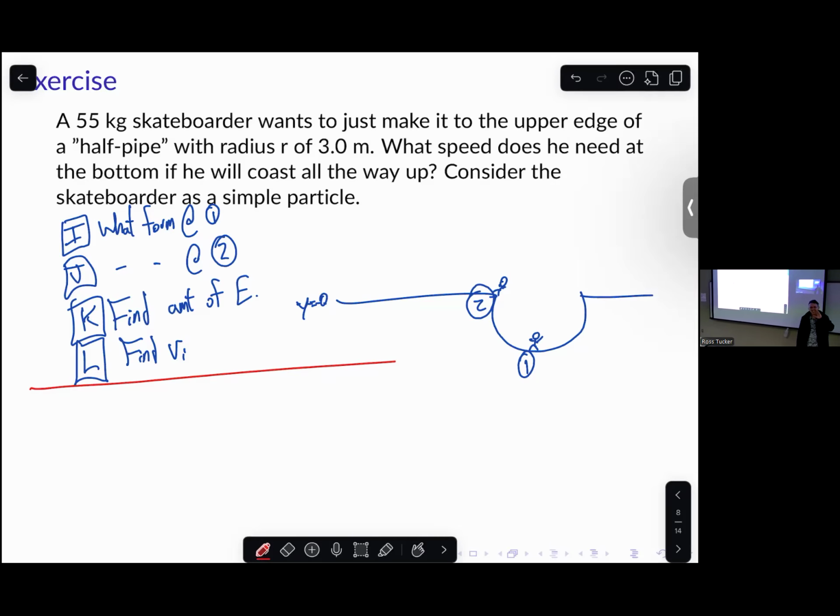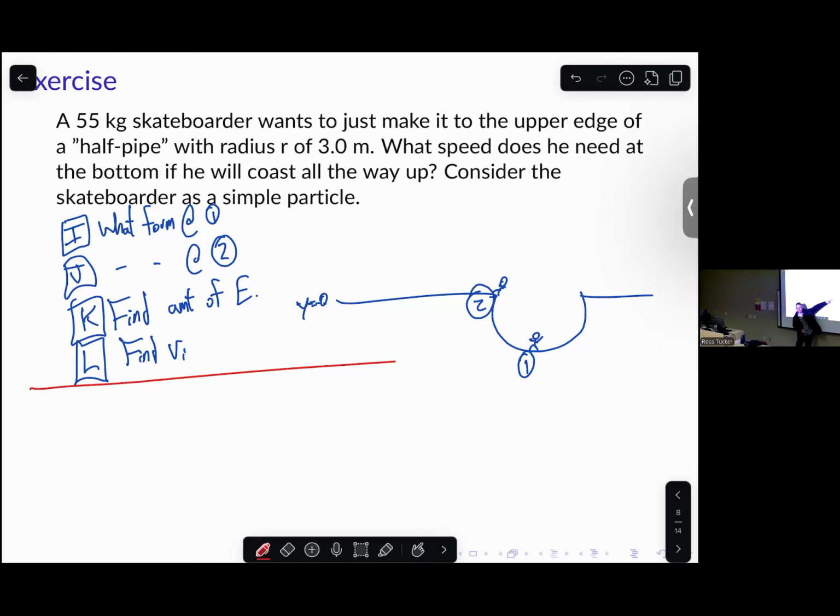It doesn't actually matter, as we'll see in two shakes of a lamb's tail, for the final equation. But as defined, if this is my reference height, when I am at this height, mg times y, what's y here? Zero. If gravitational potential energy is mgy, and I'm where y equals zero, gravitational potential energy is zero.